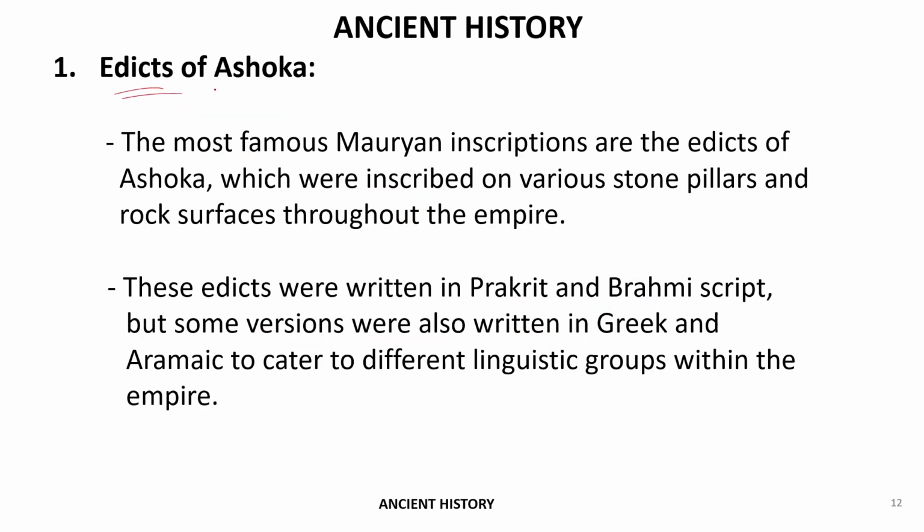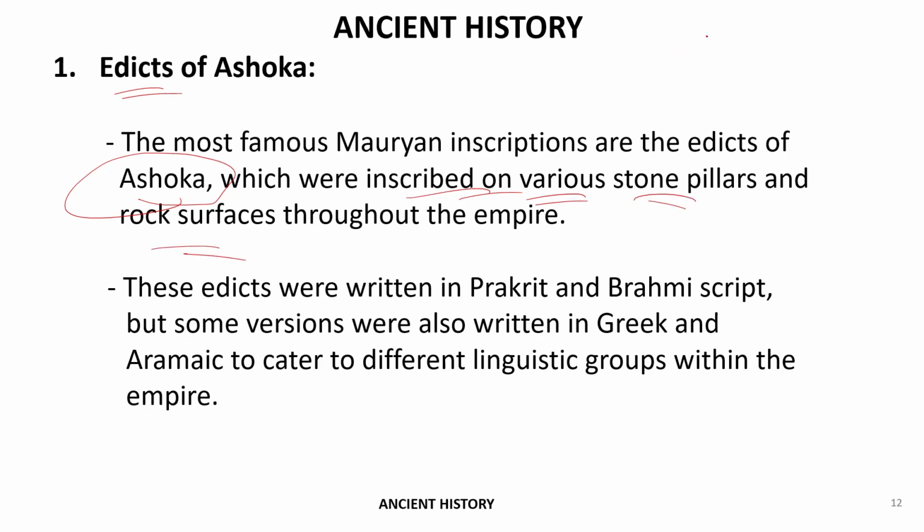They are known as the edicts of Ashoka basically. The most famous Mauryan inscriptions are the edicts of Ashoka, which were inscribed on various stone pillars and rock surfaces throughout the empire.